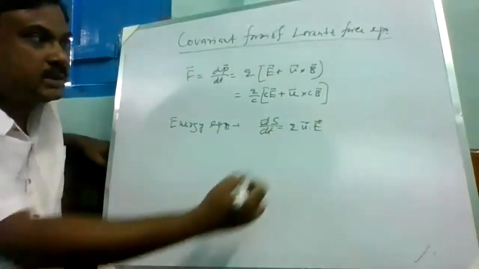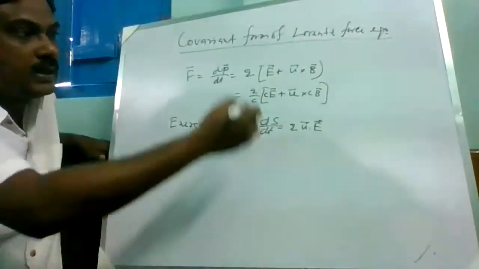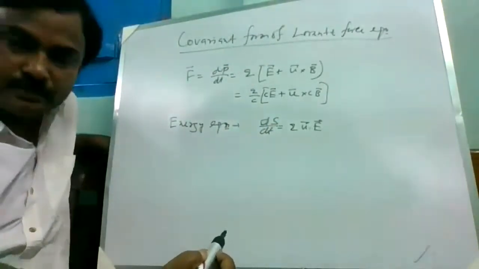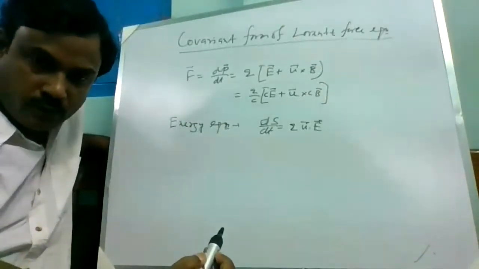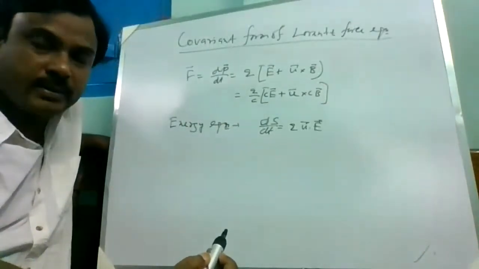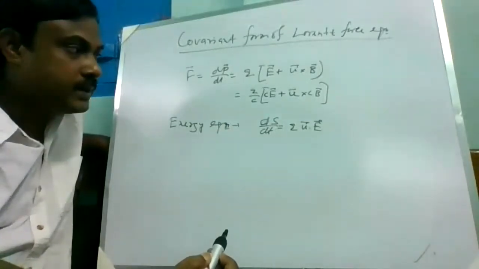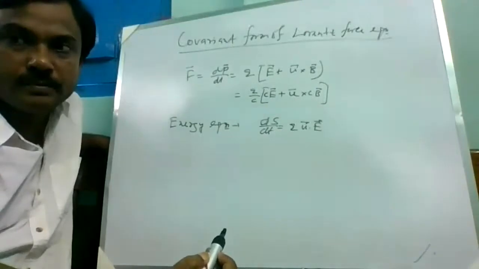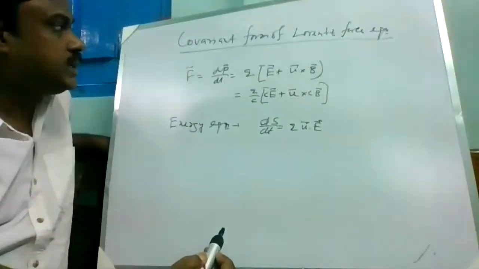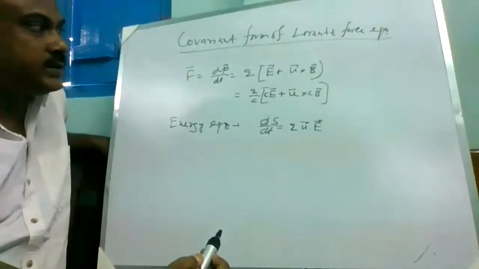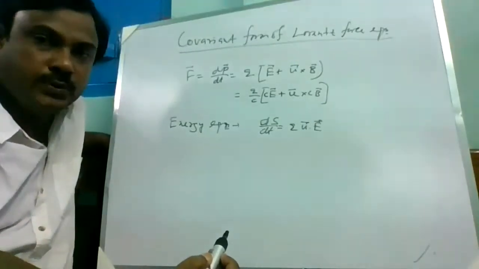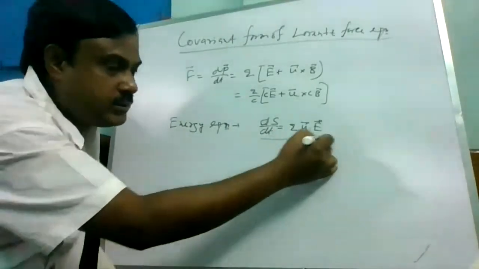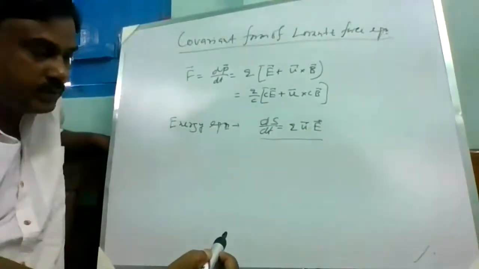So Q into E is the force, and if you take its dot product with X dot, it gives the work done, and we are taking the rate of work done. So these are the two defining equations which we will consider. Why this equation has been introduced will become clear at once.